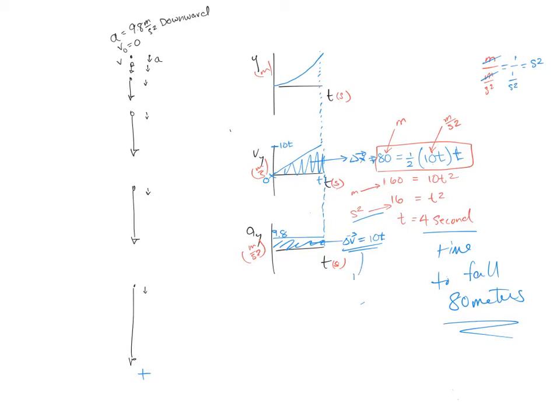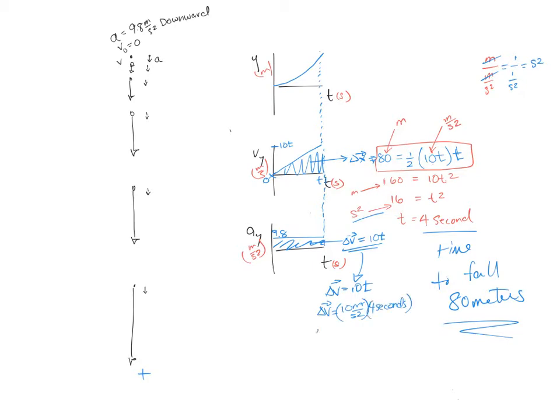So I can find the change in velocity, right? What's my change in velocity going to be? 10 times t. Well, I just found t, right? So 10 refers to meters per second squared acceleration, times 4 seconds. And that will give me my change in velocity.